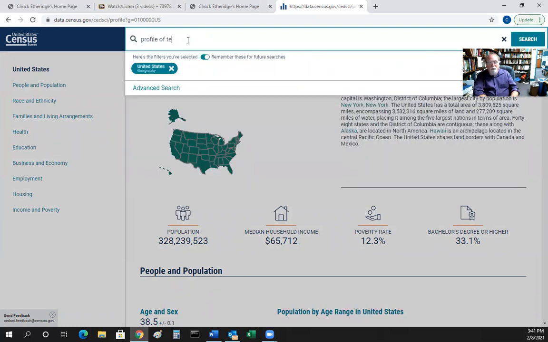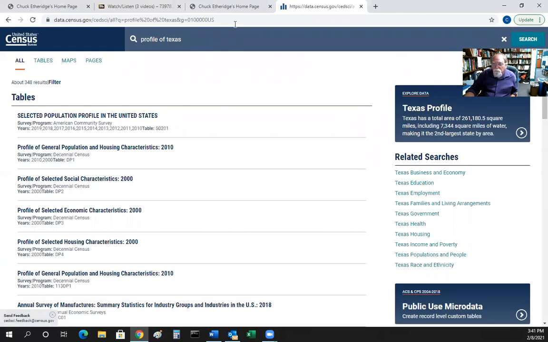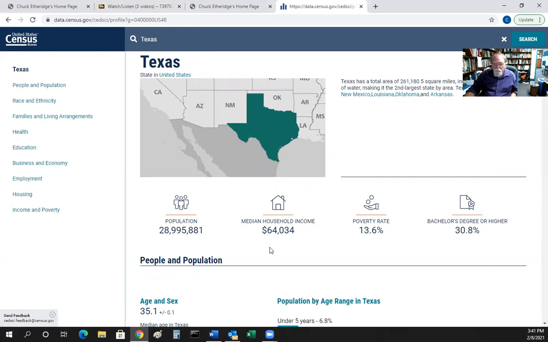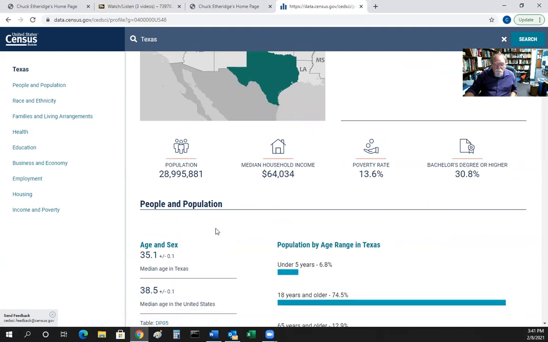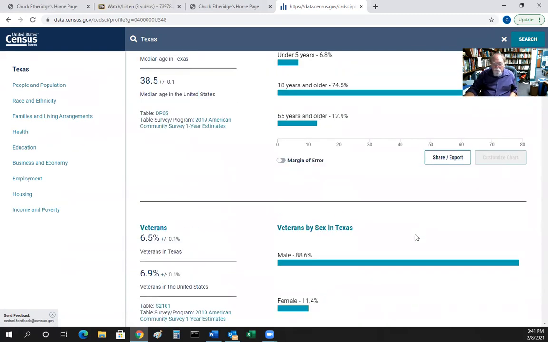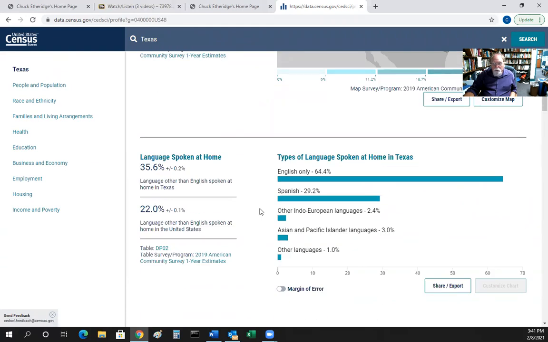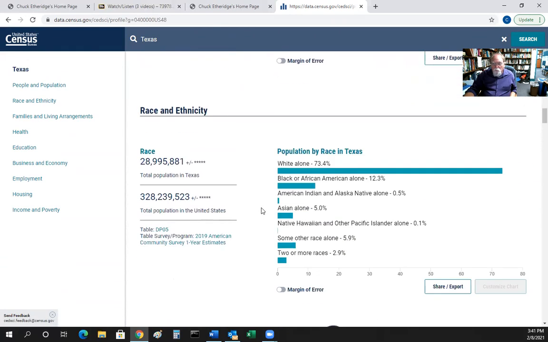profile of Texas. So Texas profile. So median household income, 64,000, which is less than the national income. Poverty rate higher than the national, statistically higher, and we can sort through these and we can find a lot more information if we want to dig out here as well.